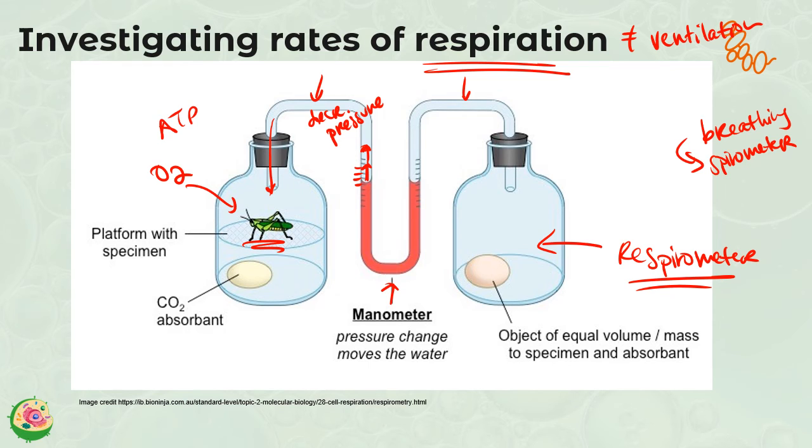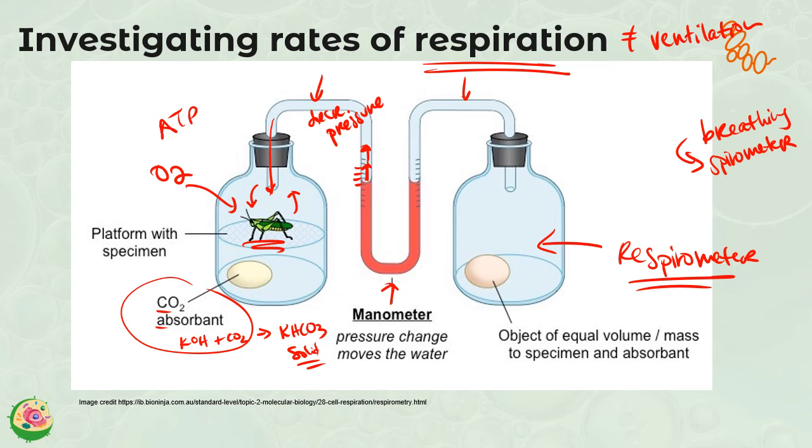The reason that we've got this CO2 absorbent here, this is probably some potassium hydroxide. When potassium hydroxide interacts with carbon dioxide, we end up with a molecule known as potassium hydrogen carbonate, or potassium bicarbonate. This is a solid that doesn't take up any space in the chamber. If we didn't have this CO2 absorbent, not much of anything would happen, because there would be equal amounts of oxygen coming into the grasshopper and CO2 going out of the grasshopper.